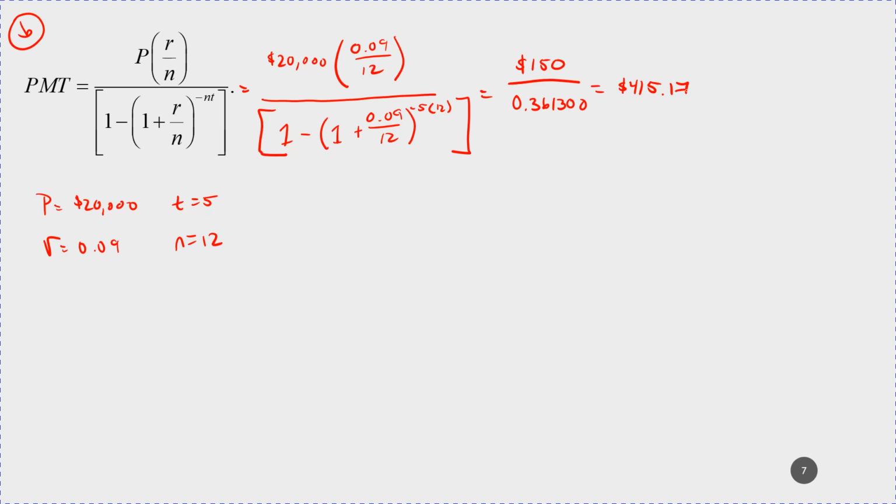All right, so now how are you going to find the interest, okay? So to find the total interest paid, again, it's equal to the sum of all payments minus the amount borrowed.